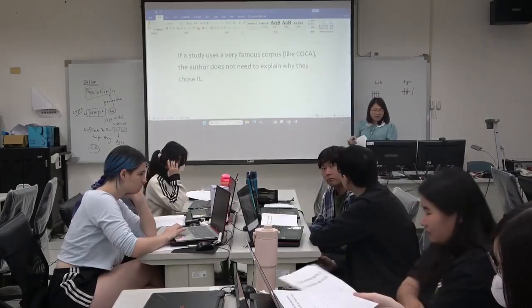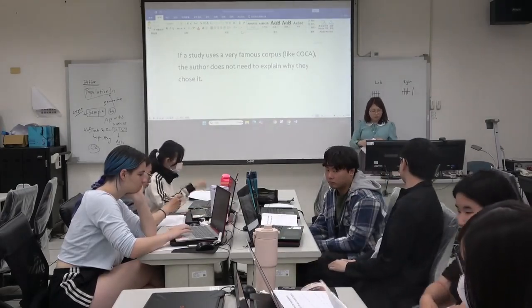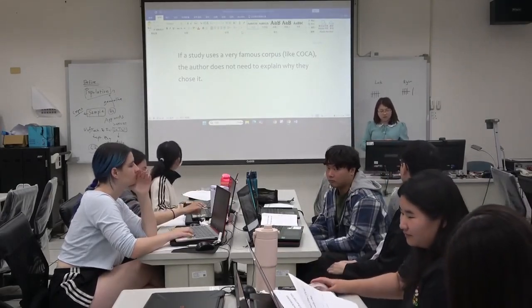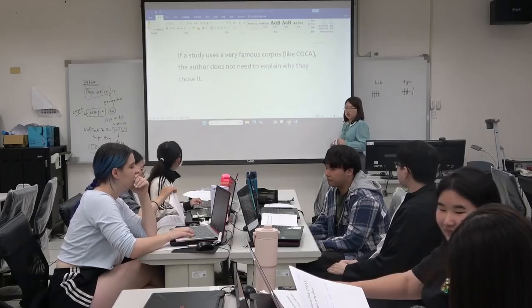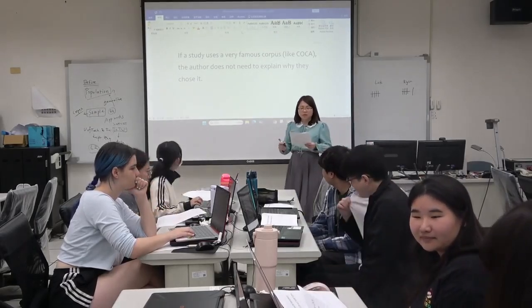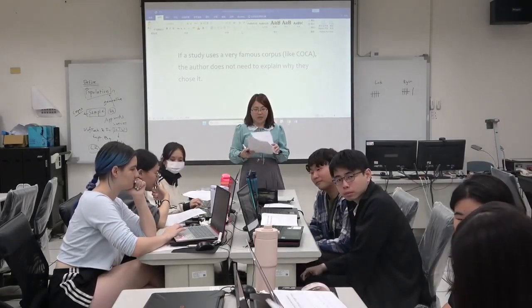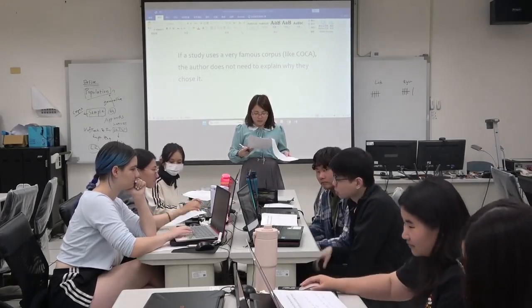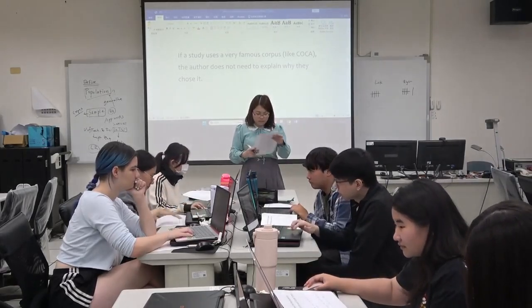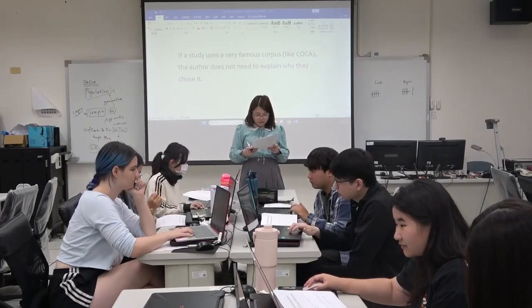Here: if a study uses a very famous corpus like COCA, the author does not need to explain why they chose it. Got this one? Answer is false. And then we can get the answer on page 79, the last paragraph, last line.